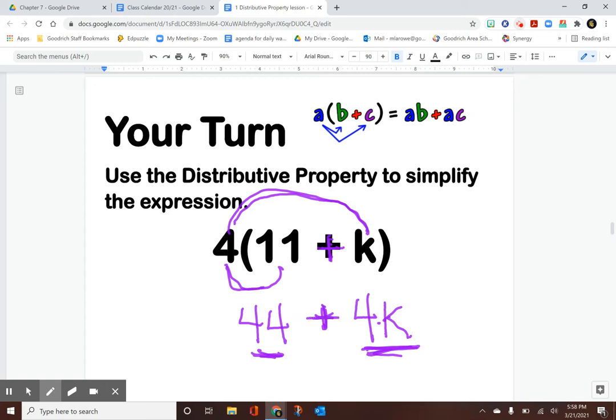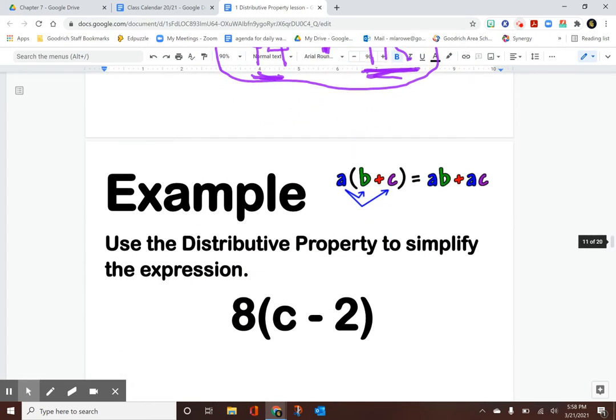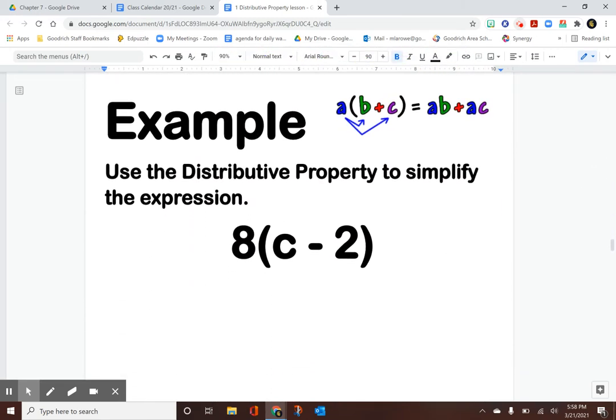So we can't add these together any farther, but at least we've gotten rid of the parentheses, which has made our problem look a little bit simpler. How'd you do? Understanding how to use the distributive property to simplify expressions?